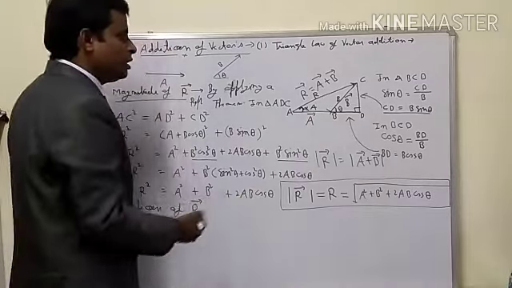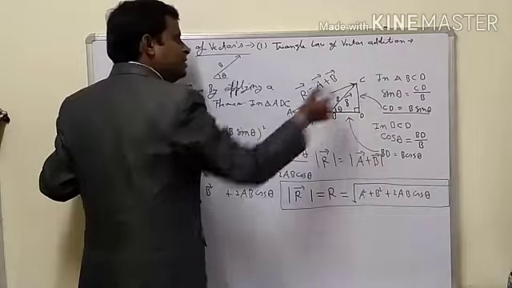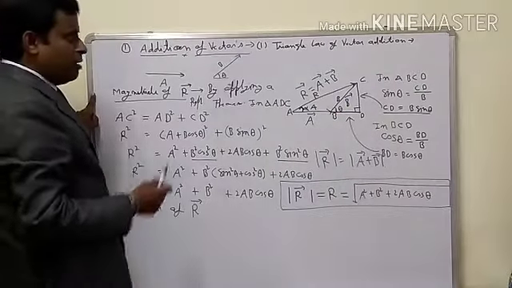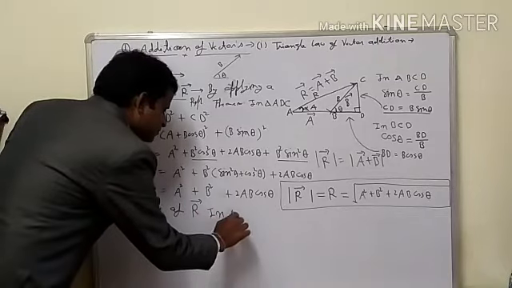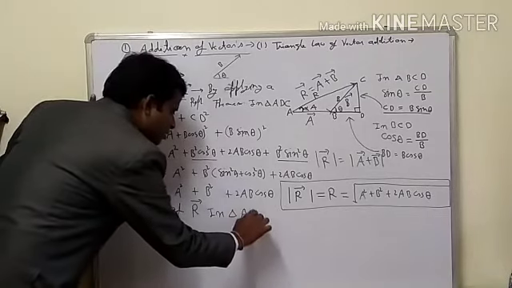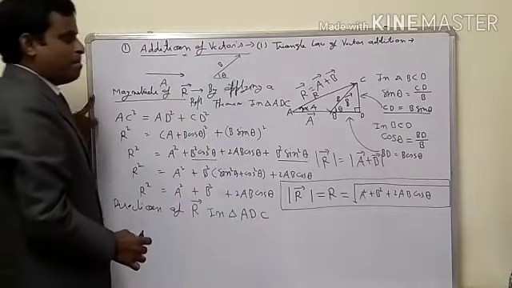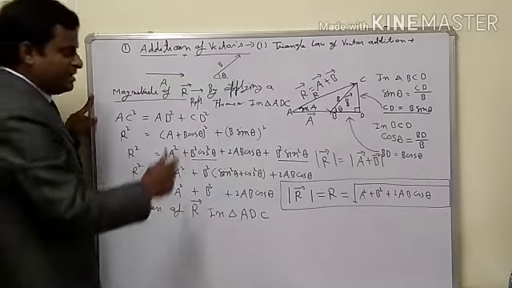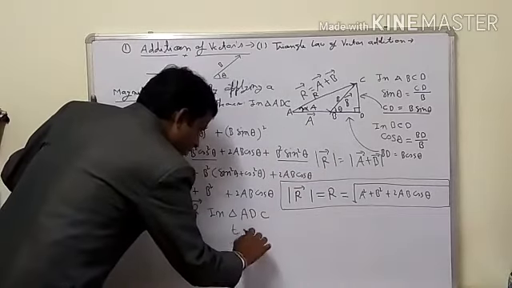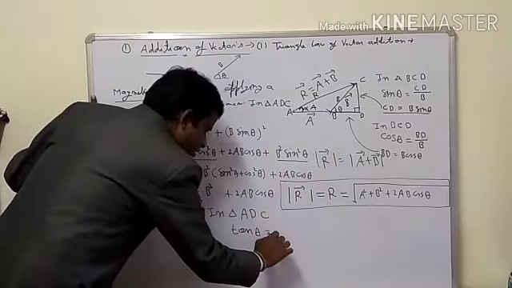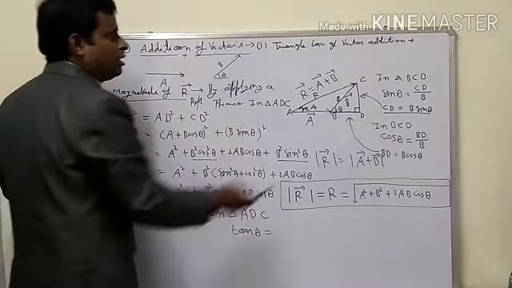Again we will use the triangle ADC, which is a right angle triangle, by using trigonometry. In triangle ADC, if you want to find alpha, then I am writing tan theta over here. Tan theta is what?